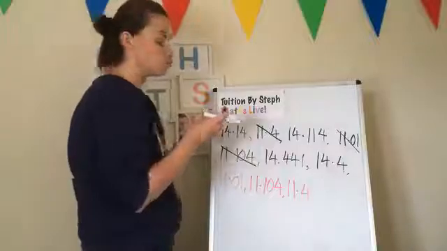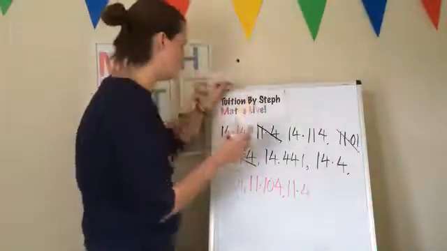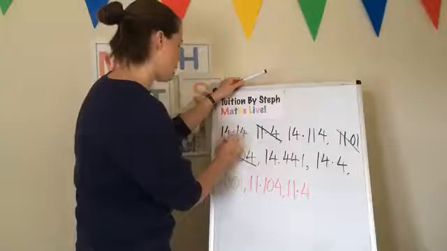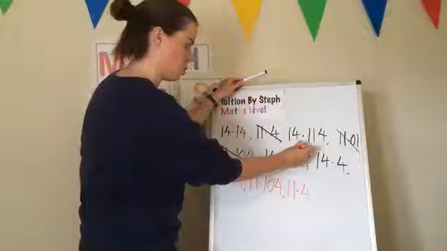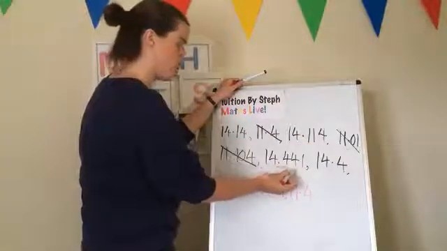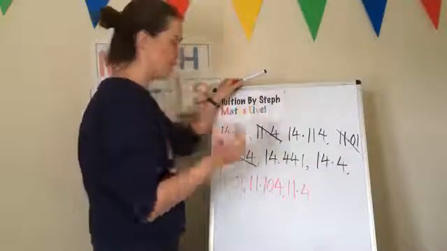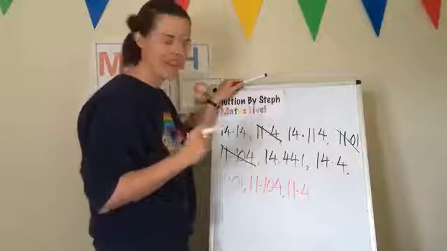The rest of them start with 14, so again I need to look at the decimal points. This one is 14.1, this is also 14.1, so I have to compare these. This is 14.4 and this is 14.4, so I need to compare these two because they have the same tenths.